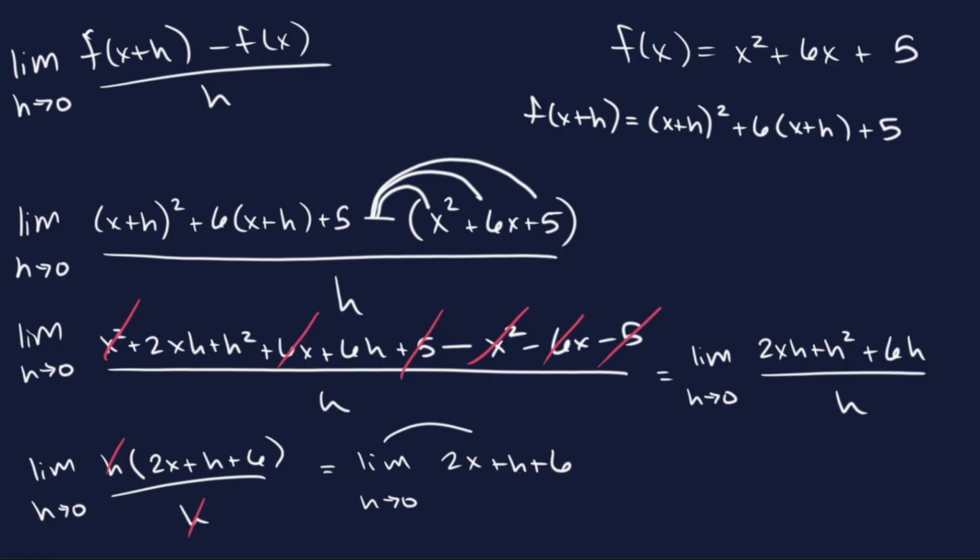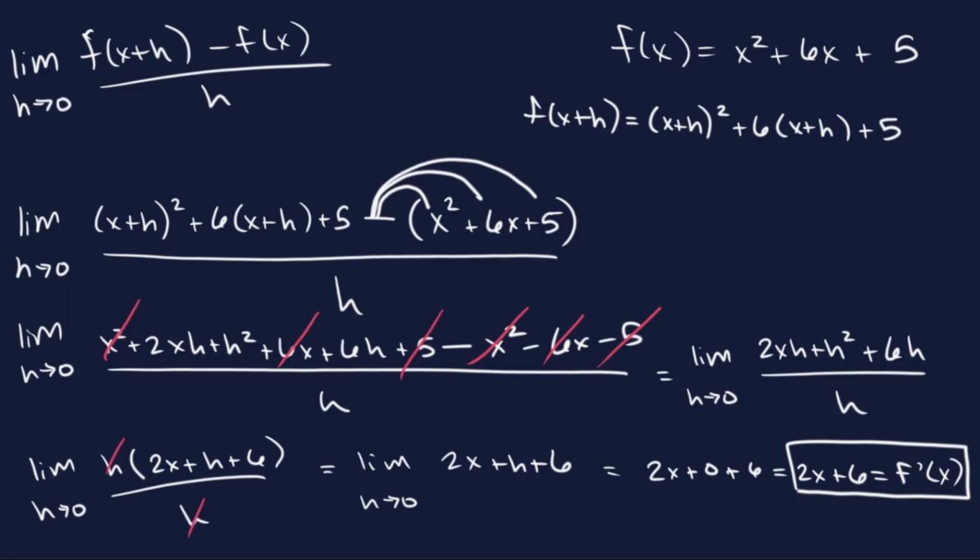And now we can do direct substitution to get 2x plus 0 plus 6, which would just be 2x plus 6, which is f prime of x. So that is how you find the derivative of a function using the limit definition.